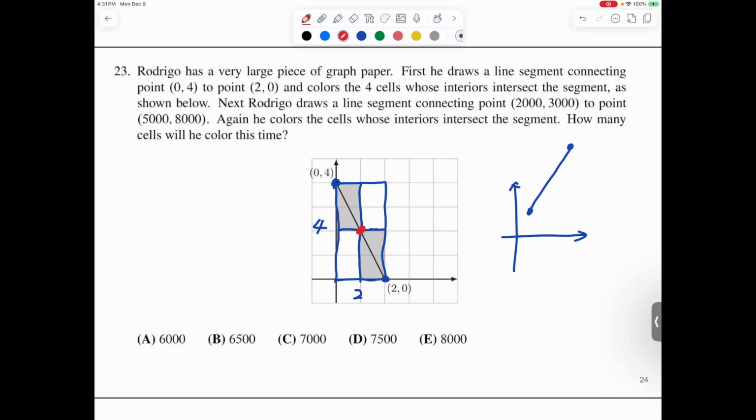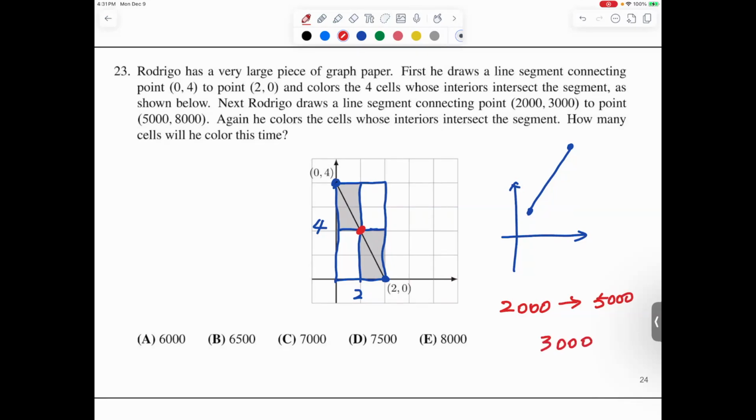Now, consider the more complicated situation from (2000, 3000) to the point (5000, 8000). How many cells will he color this time? You see, from 2,000 to 5,000, the difference in X is 3,000.